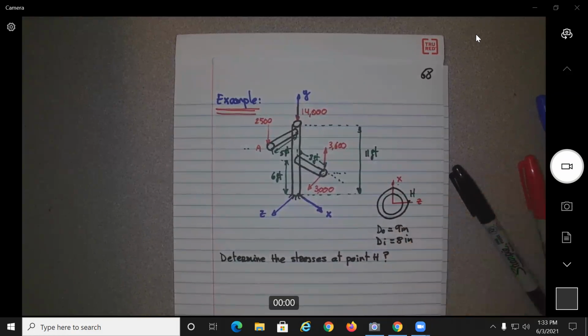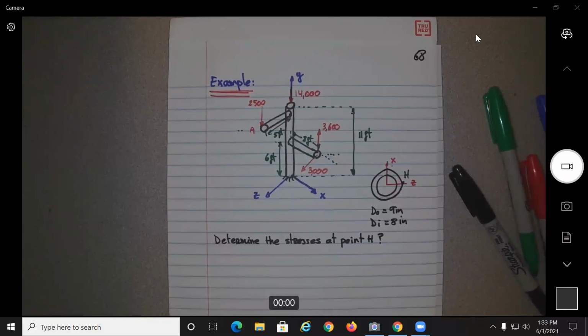Yeah, no, this one here is correct. Looks like it's correct. Okay.